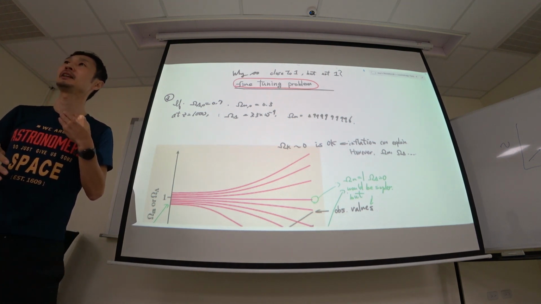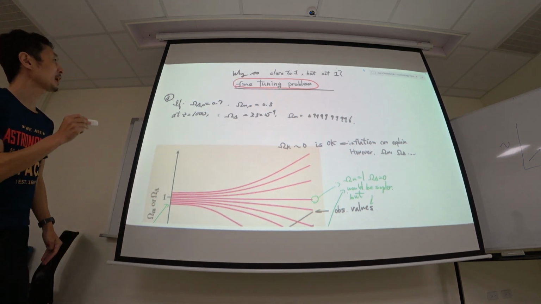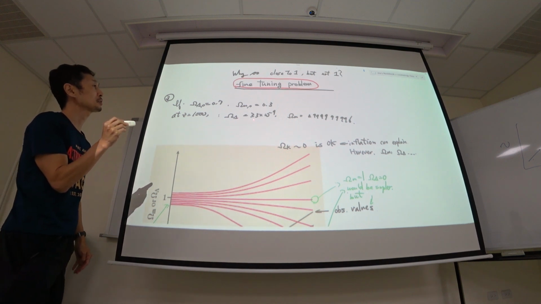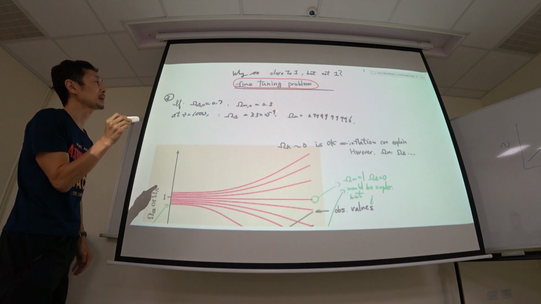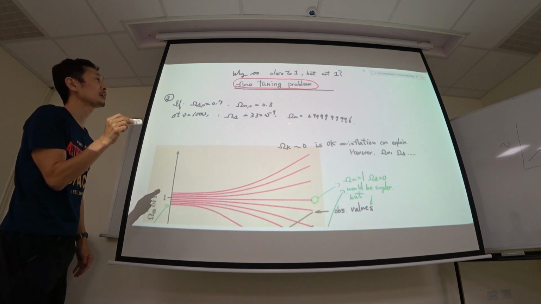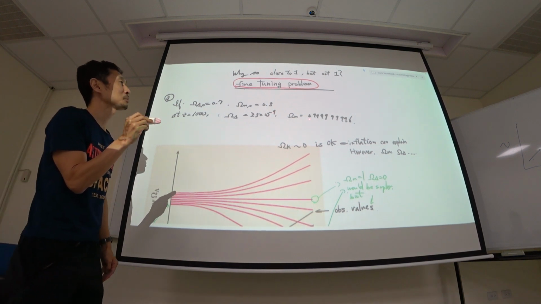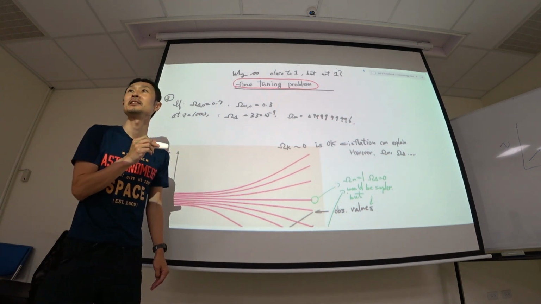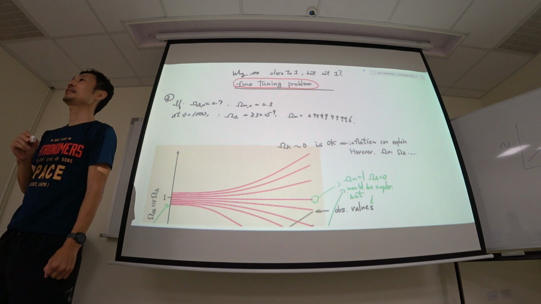Then at redshift 1000, omega lambda should be 3 times 10 to the minus 9, and omega matter should be 0.99996. That's weird, isn't it?